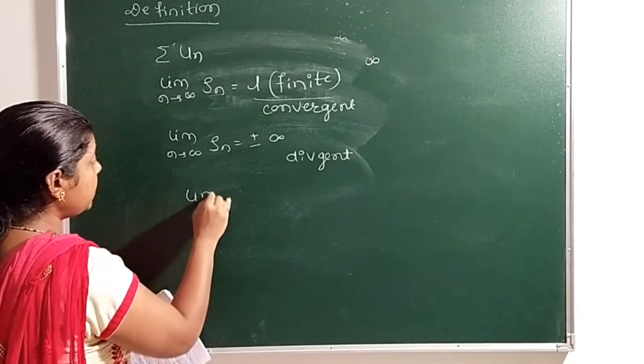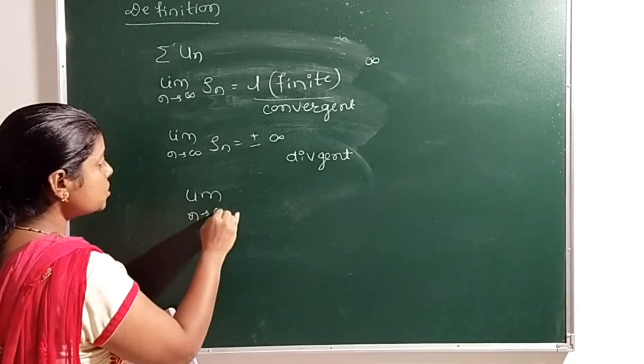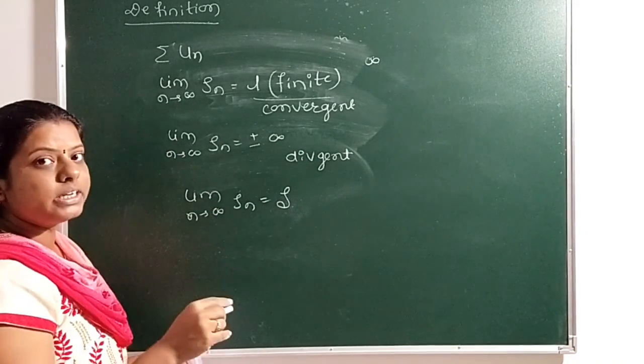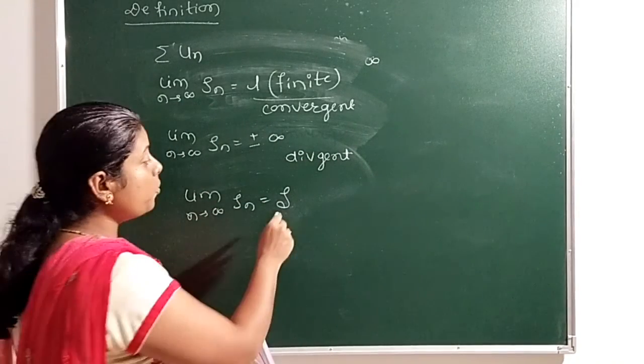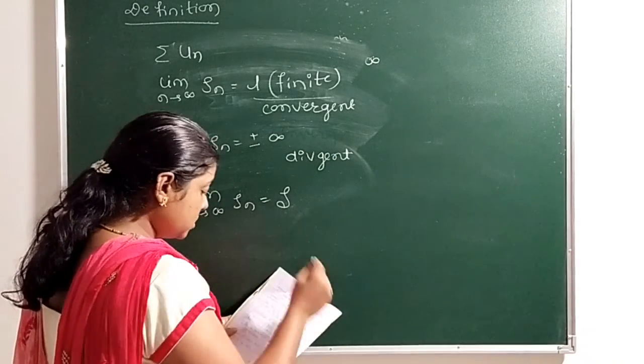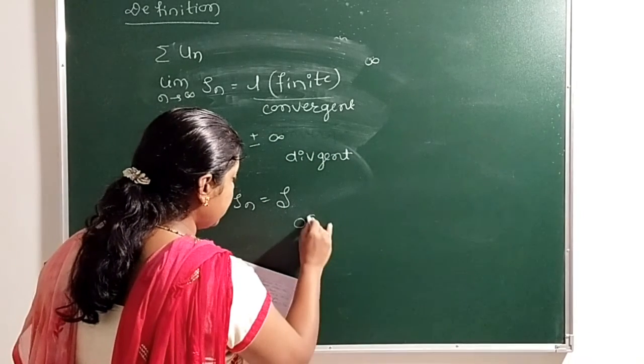If the limit as n tends to infinity of Sn is equal to a value S that does not settle to a proper result, then we call it oscillatory.